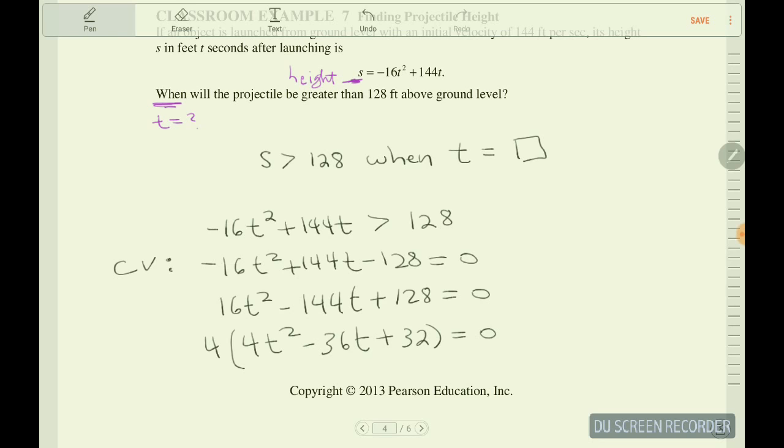And then actually 16 divides evenly out of all those. See how there's also a 4 here? Yeah, so 144 divided by 16 is 9. Okay, so here's even better. I have 16 factoring out.